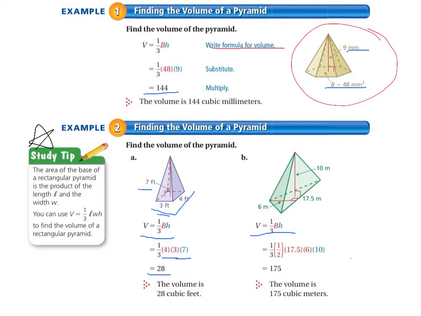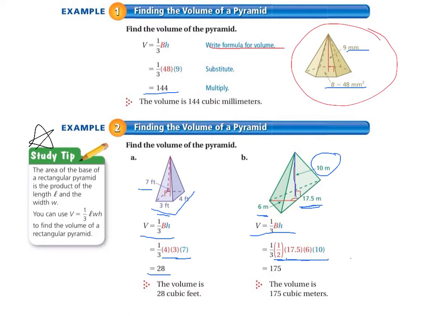So that's why we see this 1/2 here, and we look over at our triangle and we see that we have the base, which is 17.5, and then this 6 is pointing to the height, so that's why it says 17.5 times 6. And then last we have our height, which is our 10 here, pointing to the height up here. So we multiply it also by 10.